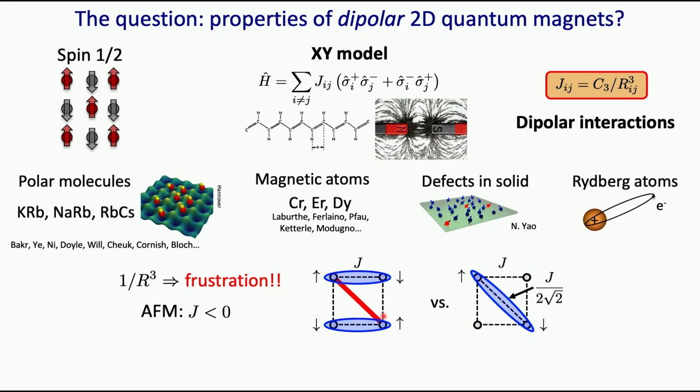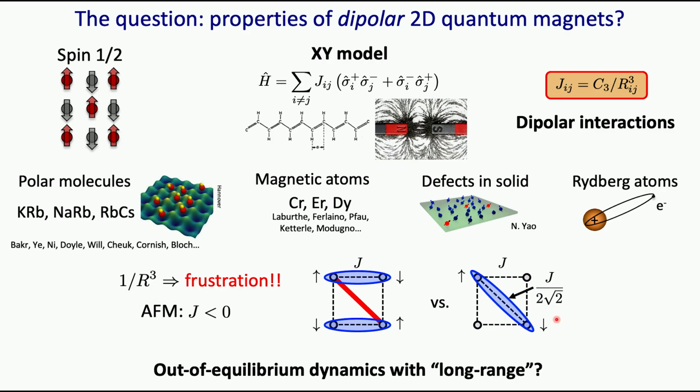But this ferromagnetic ordering along the diagonal is in competition with the natural antiferromagnetic interaction that you have. Obviously, it's weaker, this antiferromagnetic destabilization, but still it's large enough on a square to destabilize the order, as I will show you. So now we're going to see what's the consequence of having this dipolar interaction on the out-of-equilibrium properties of this system.